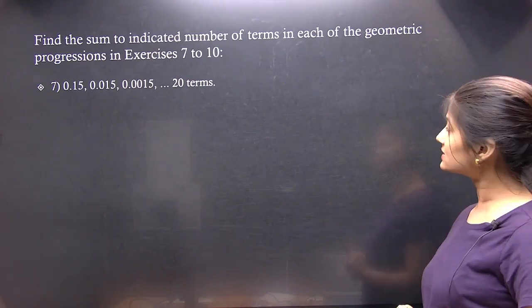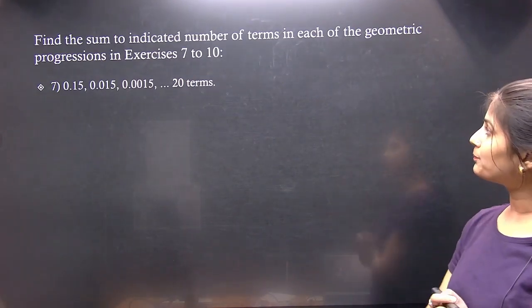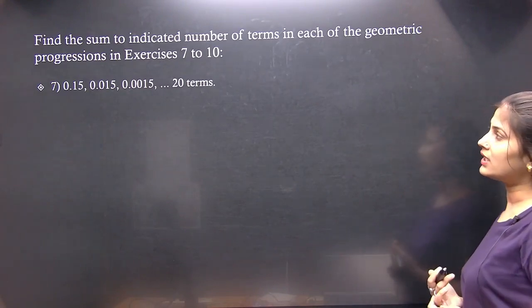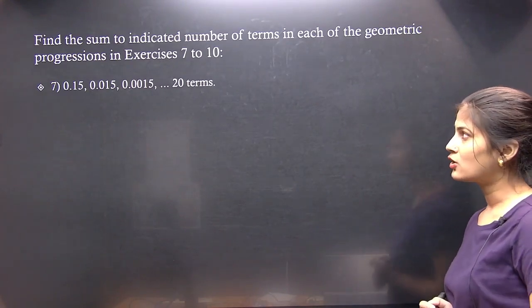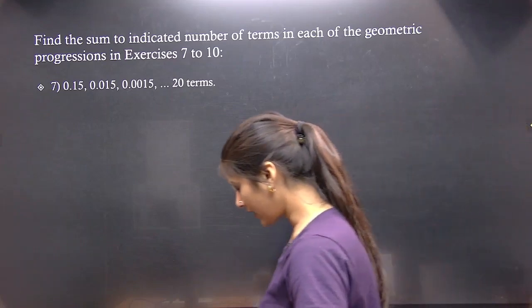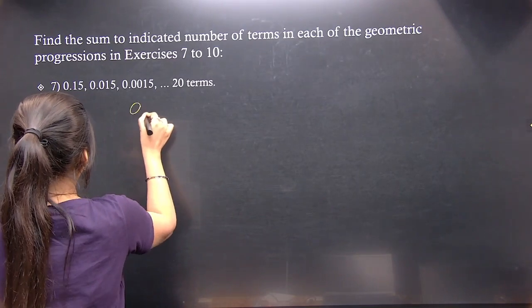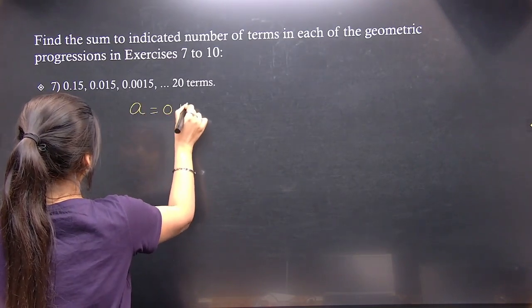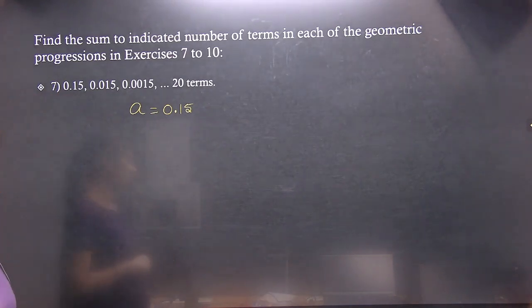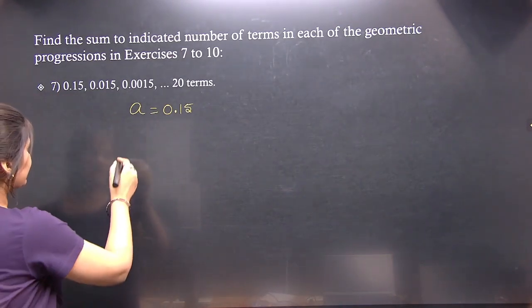Question number 7 is, find the sum to indicated number of terms in each of the geometric progressions in exercises 7 to 10. So we have to find the sum till 20 terms. Okay, so here we have A as 0.15. What is R here?